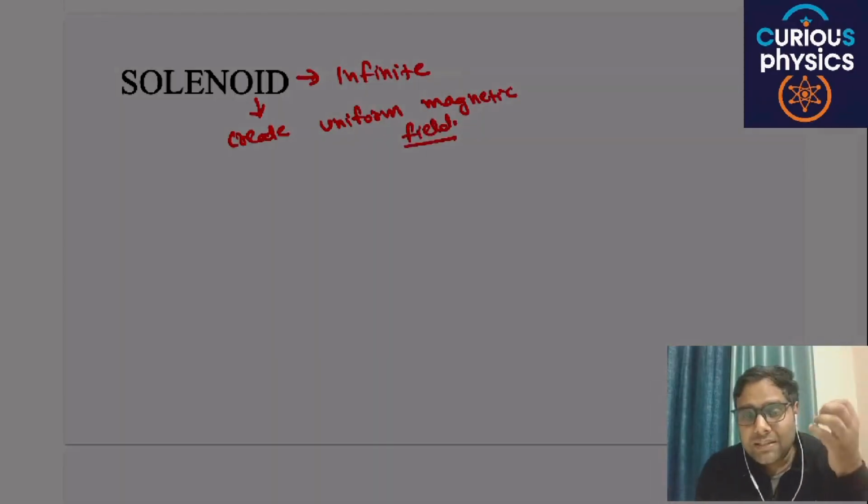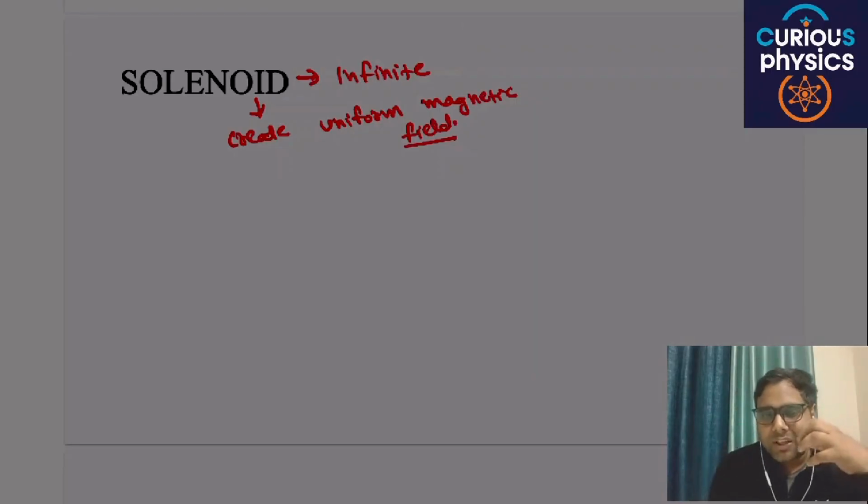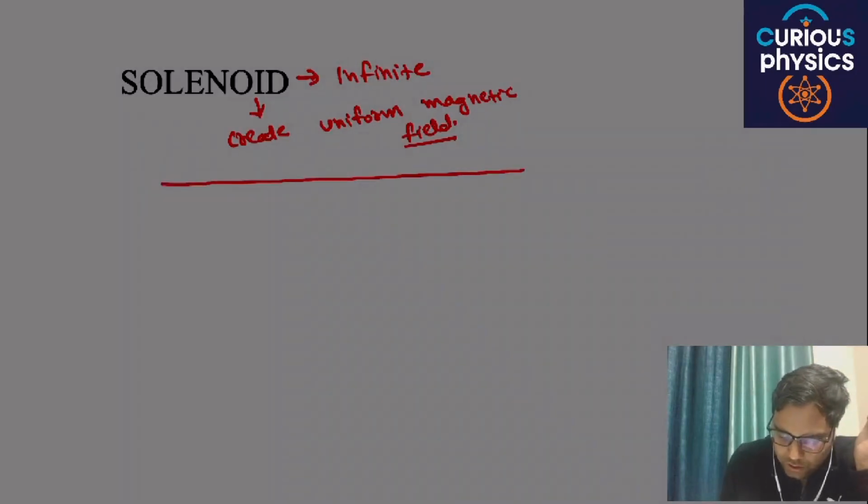And what is the structure of this uniform solenoid? A uniform solenoid has so many loops. Let's say this is how the solenoid is formed.